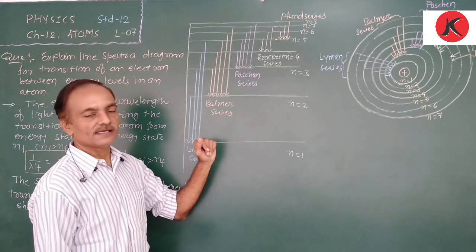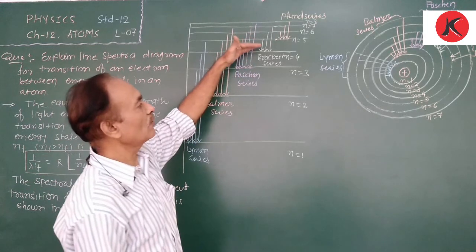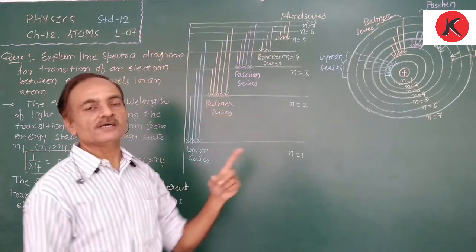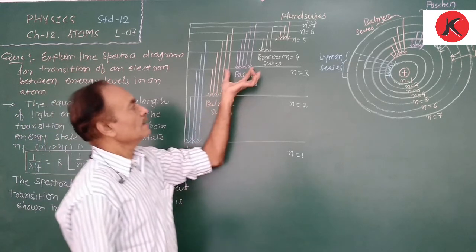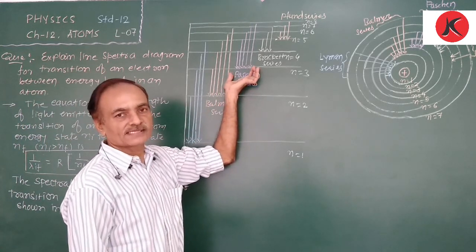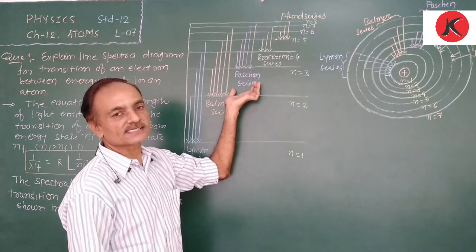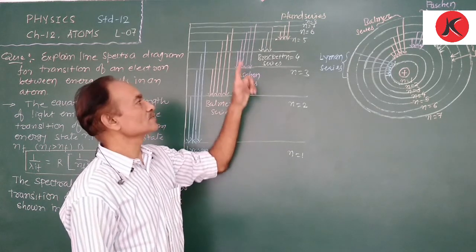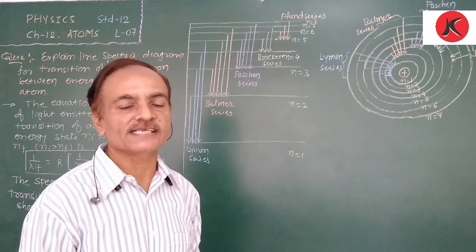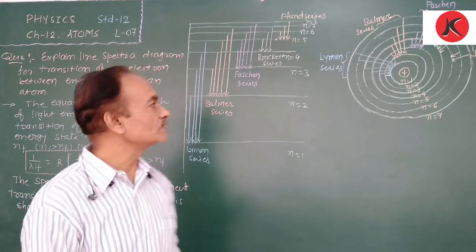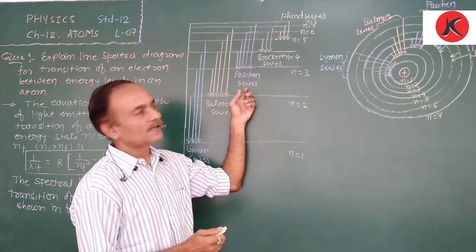In a similar way, when the electron makes the transition from any orbit to the third orbit, or second excited state, the photon emitted has a wavelength that falls in the Paschen series. And we also obtain the H alpha, H beta, H gamma and H delta lines of this spectral series.